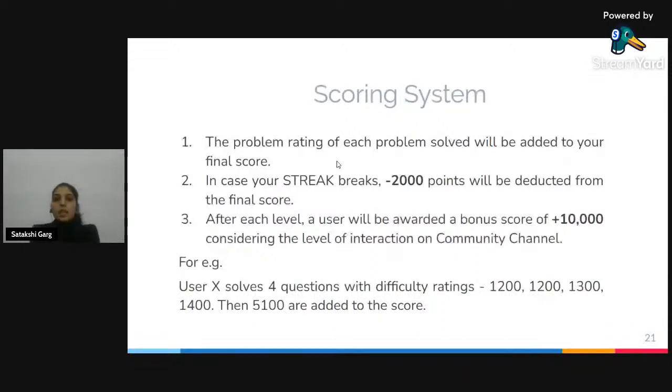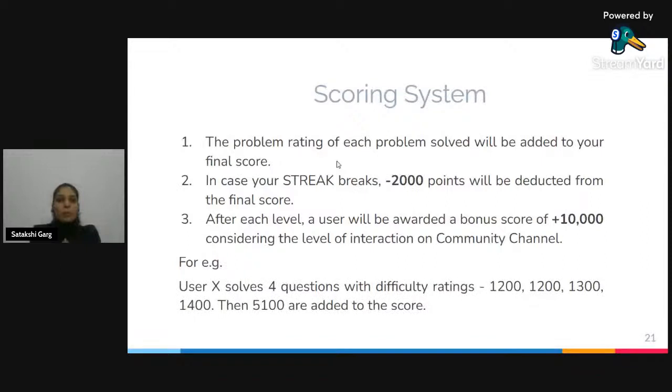Whoever the mentor names, who was performing really well throughout the level, would get a bonus of 10,000 points at the end of each level. Plus, the person who is really active and discussing, not live in the contest, but in the discussion after the contest, about how you solved this problem or that problem, or the different problems people ask about, and who is solving their doubts.